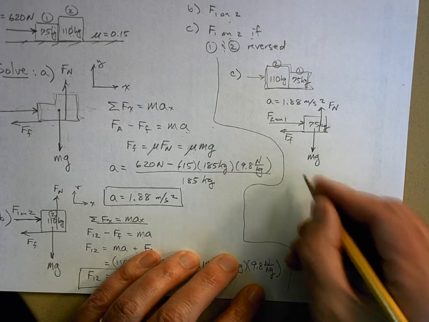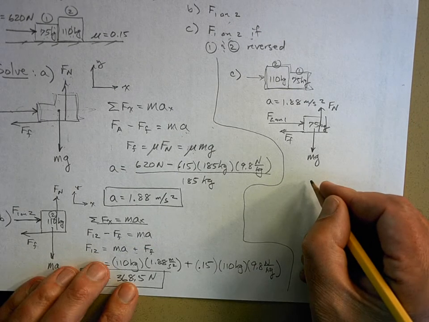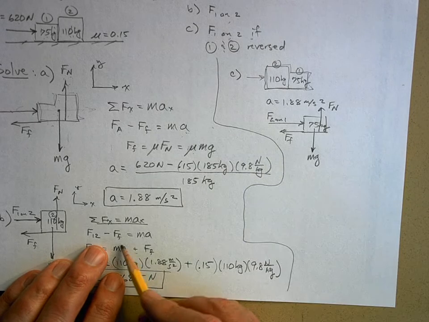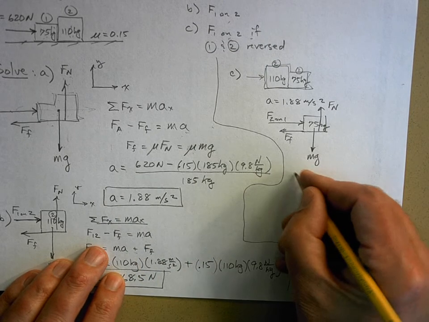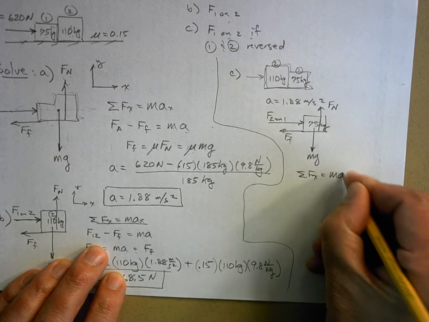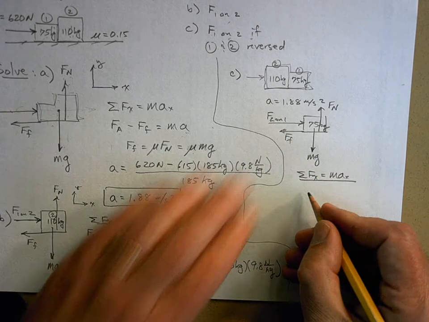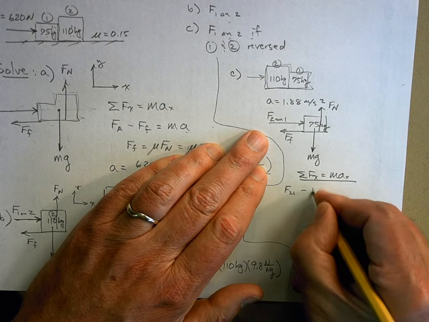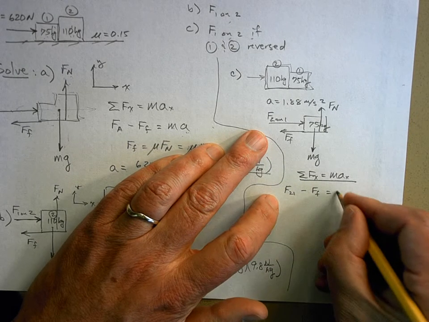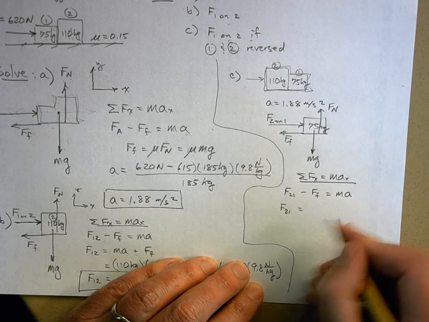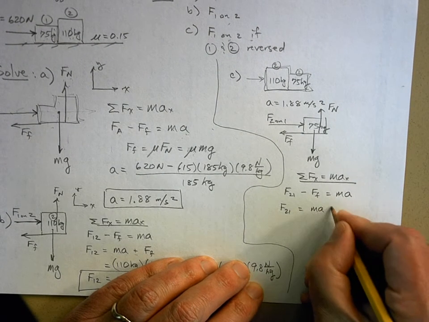So now if I sum the forces in the x direction, I get, well, I have the force of 2 on 1 minus the force of friction equals ma. So the force of 2 on 1 equals ma plus the force of friction.